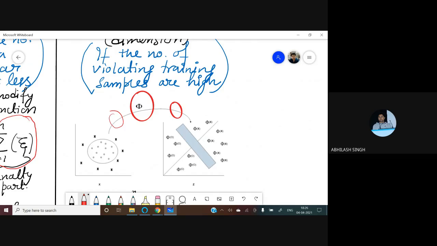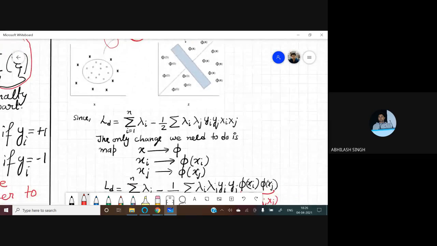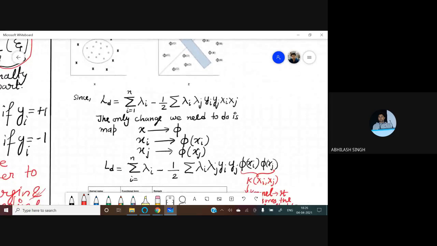So if you can see, this is the dual form. I have said why we are interested in the dual form: because we are using this dual form equation for the nonlinear SVM. We have to make only a few changes: xi and xj get mapped with the mapping function phi.